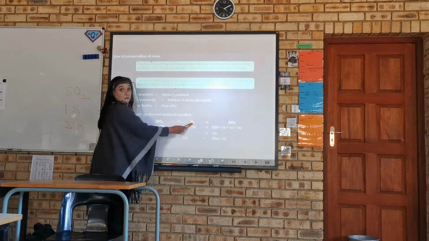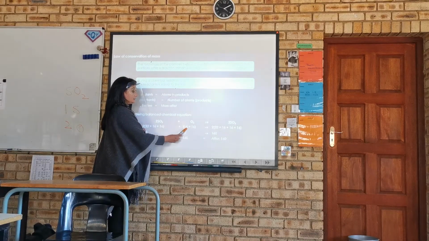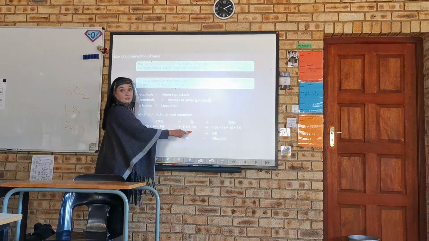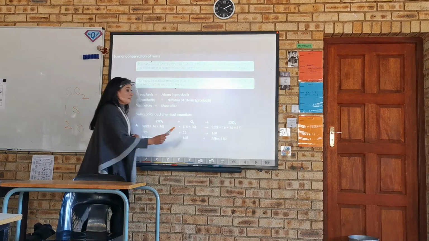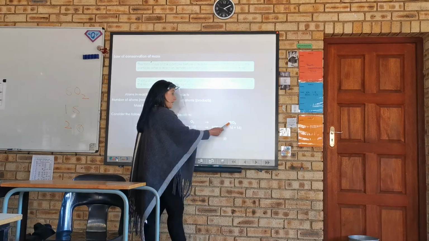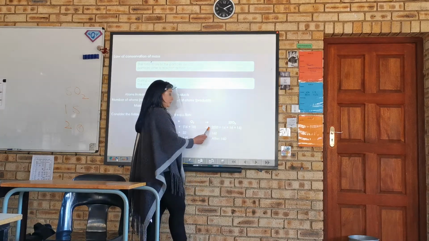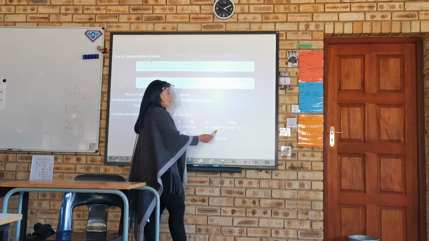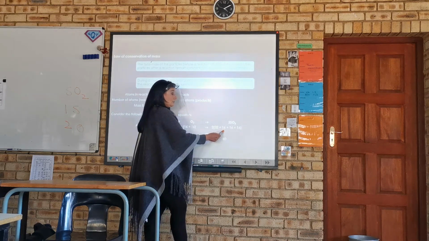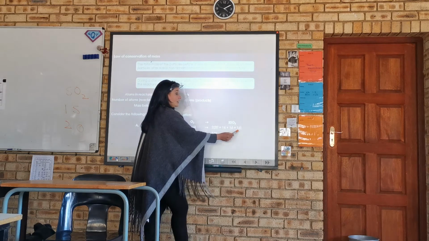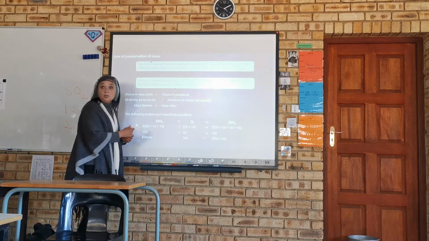Then, for O2, O2 is made up of 1 oxygen and another oxygen. Do you see it? And then as a product, we have SO3, but 2 of them, so there's the 2 in the front, 32 for the sulfur, 16 for the one, 16 for the other, 16 for the third oxygen involved.